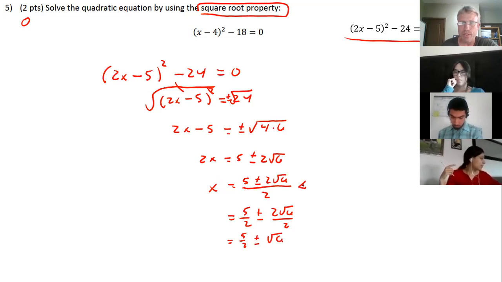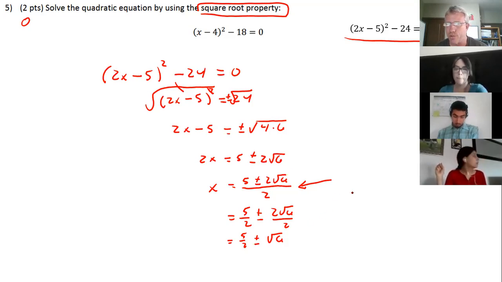So leaving it at this step would be perfectly fine in an exam setting. To report the answer in ALEKS, you would have had to bring it all the way down and then separate it into the 2 answers. And that's all I got, because that's all I was asked to do.